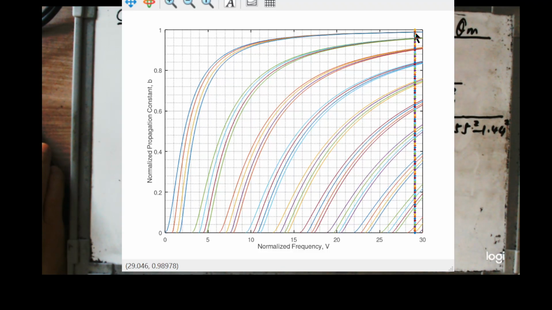For example, I'm now pointing at the crossing between the first family of curves and the vertical line V equal to 29. And according to what I got here, the value of B is 0.99. Okay, so I need to write this down.